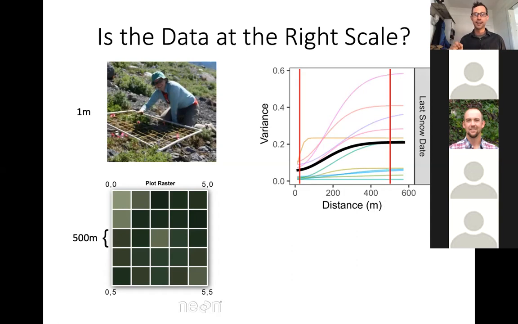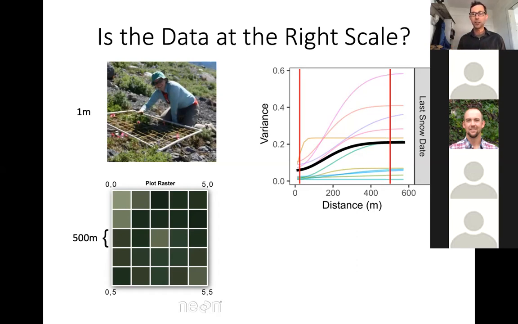Essentially, the remote sensing data can't capture any variance that's at a smaller grain than the inherent spatial grain of the data. And what this indicates actually is that almost all of the useful variation in plant phenology is happening at grains that are finer scale in this example than the scale of the data.